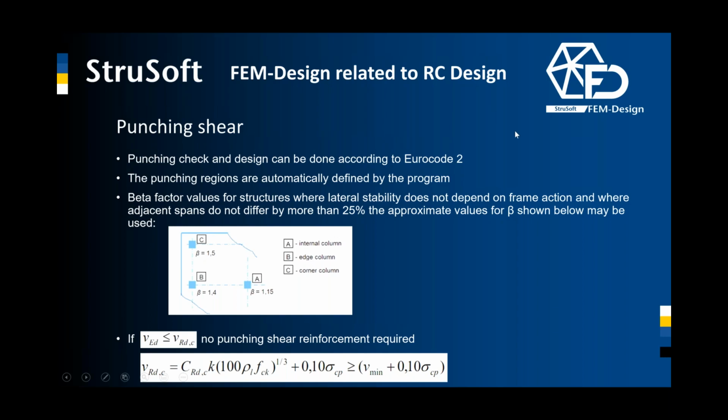The punching shear is calculated according to Eurocode 2. The regions are defined automatically, and the beta factor, of course, is calculated depending on the position of the column in our plate.